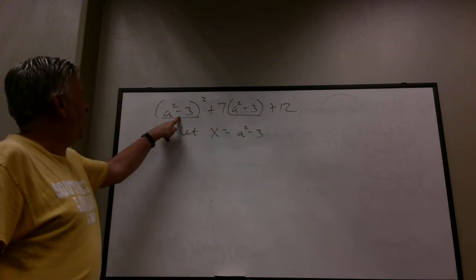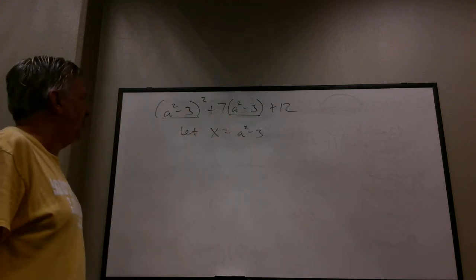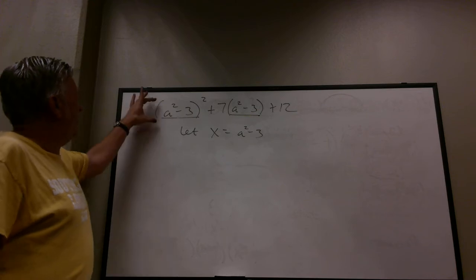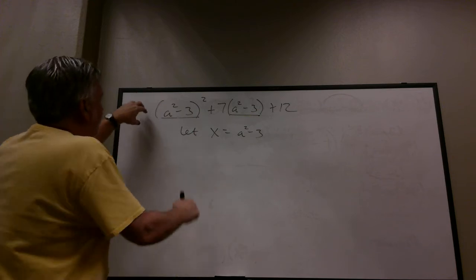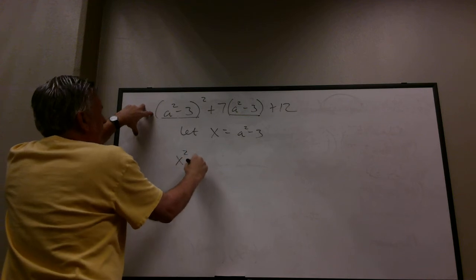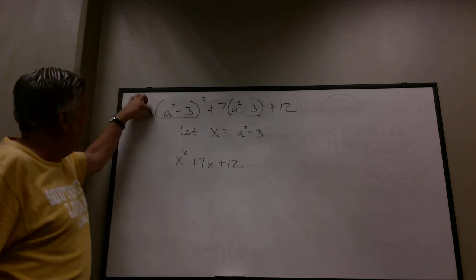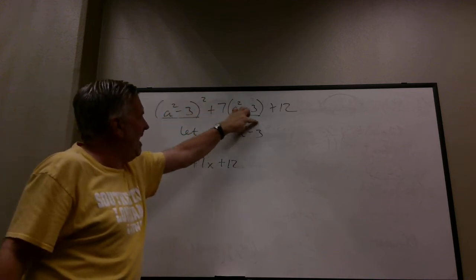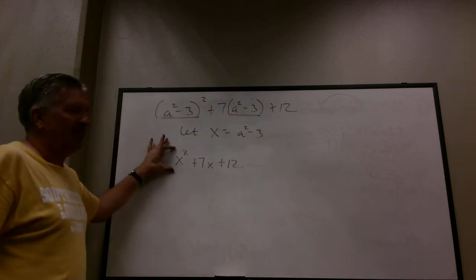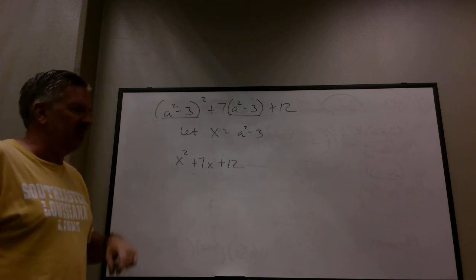If this were a squared minus 3 and a squared plus 7, this little procedure probably wouldn't work. So let me rewrite this with my new variable x. I'm going to replace a squared minus 3 with x. So this is x squared plus 7x plus 12, isn't it? X squared plus 7x plus 12. Notice it's a basic trinomial. Let's factor this like we just did.